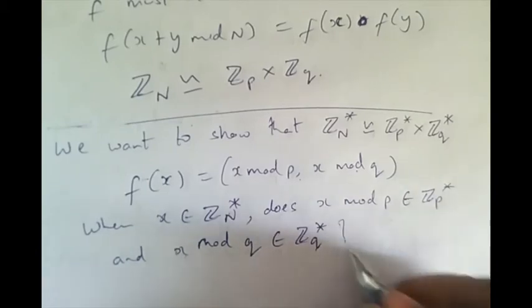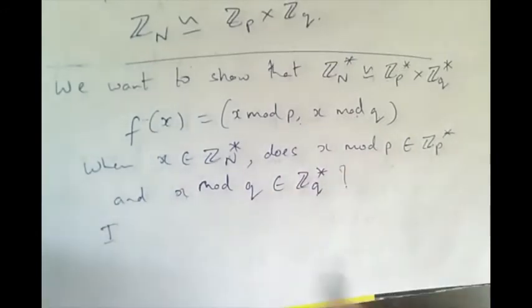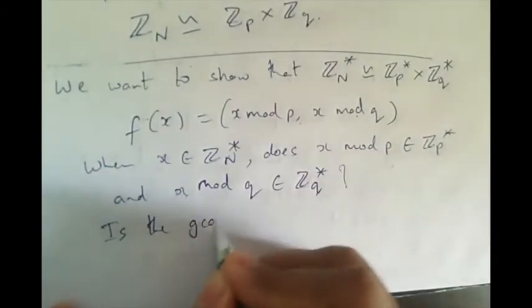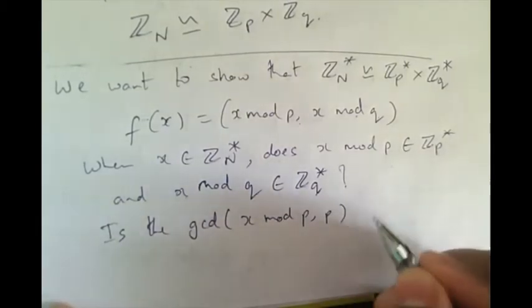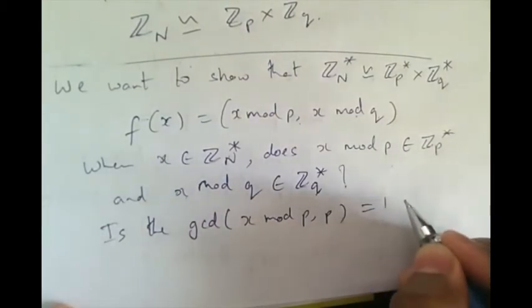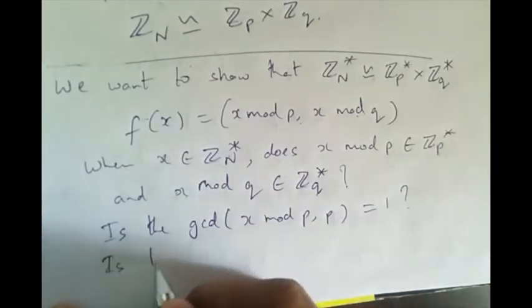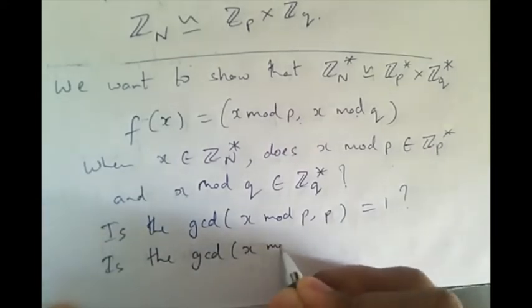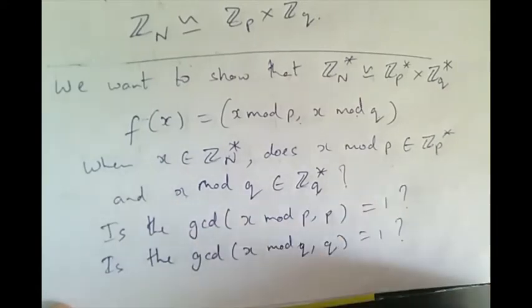That is, is the GCD of x mod p with p equal to 1? Similarly, is the GCD of x mod q with q equal to 1?